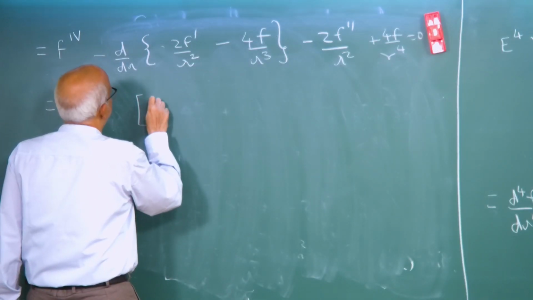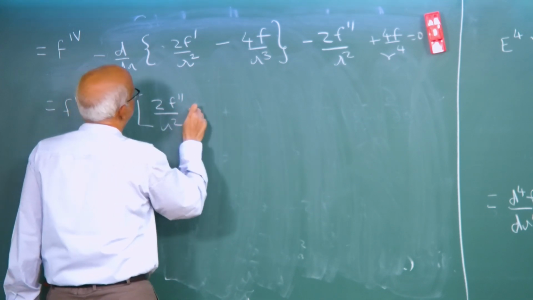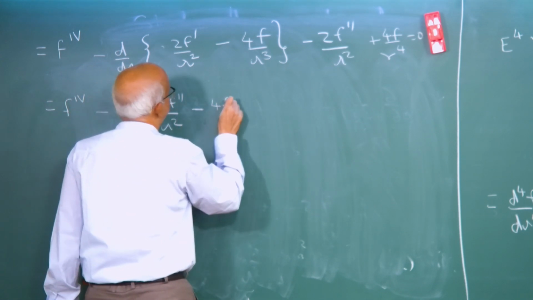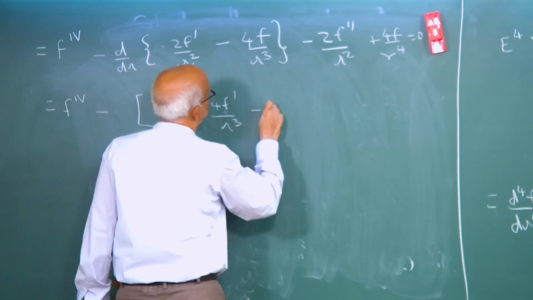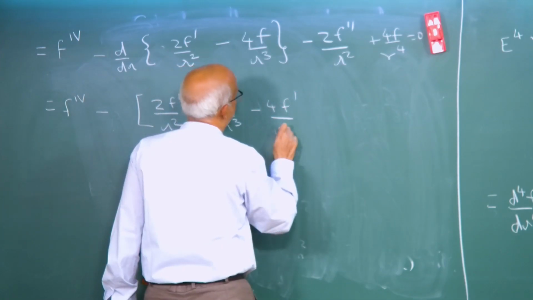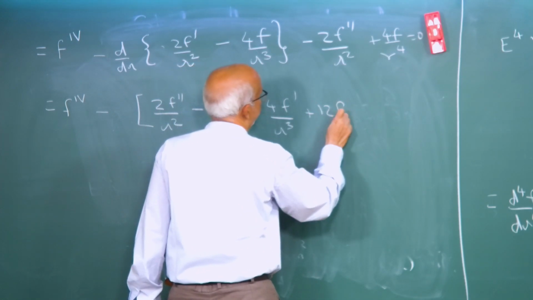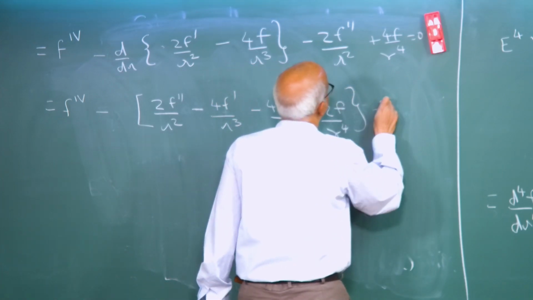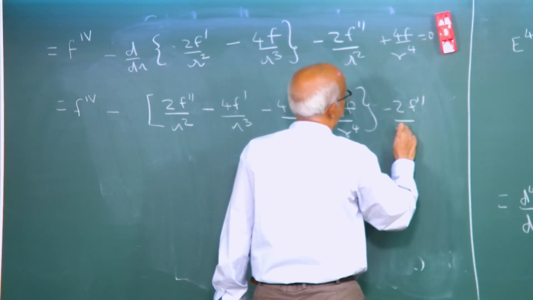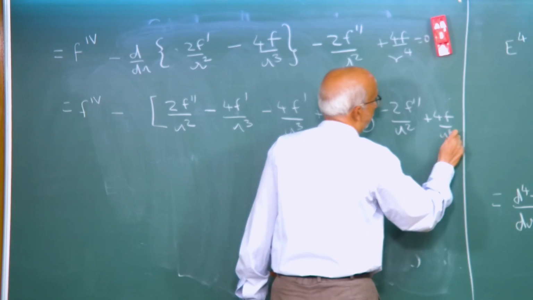Okay, 2f double dash by r squared minus 4f dash by r cube, again minus 4f dash by r cube plus 12f by r power 4 minus 2f double dash by r squared plus 4f by r power 4 equals 0.